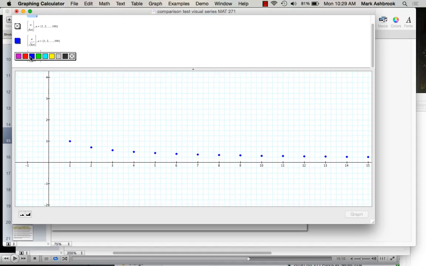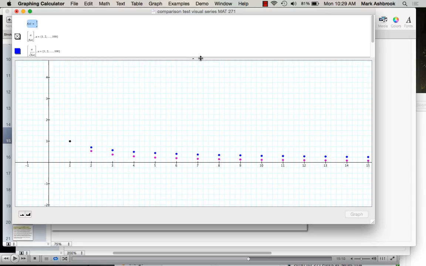I'm going to show you another one. How about purple? So what do we know about the series 1 over square root of n? We know that it converges or diverges? Diverges. The sum of the y values of this sequence, 1 over square root of n, sum those up, that diverges. What about this?